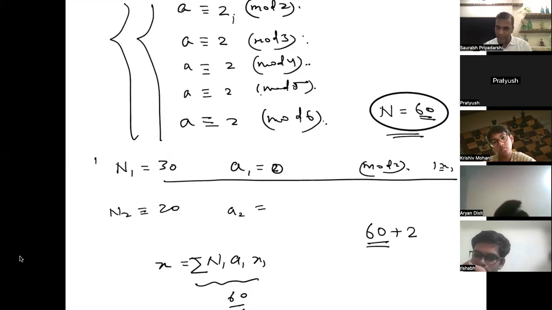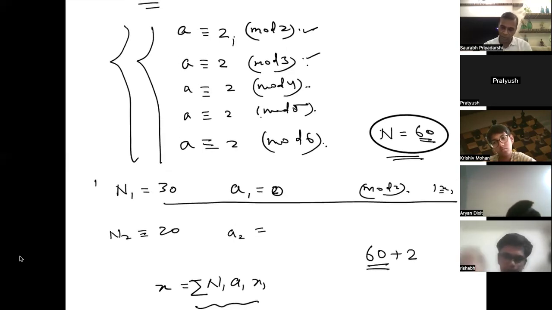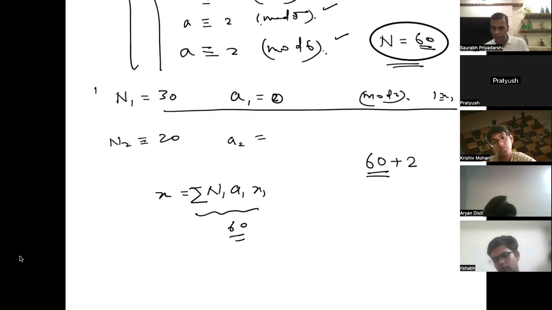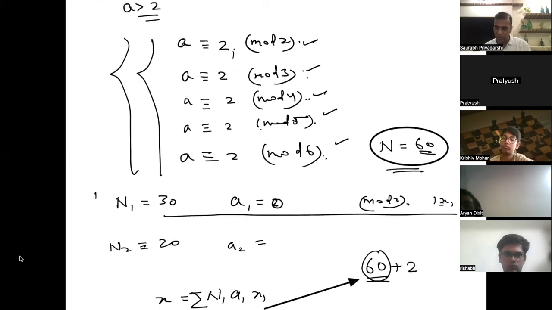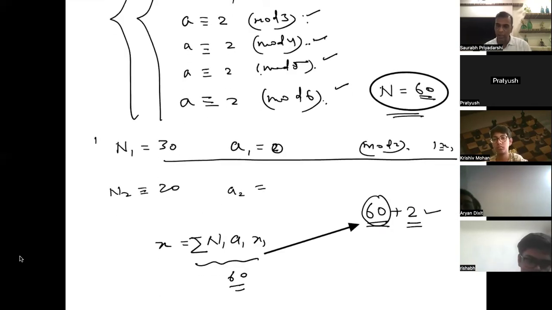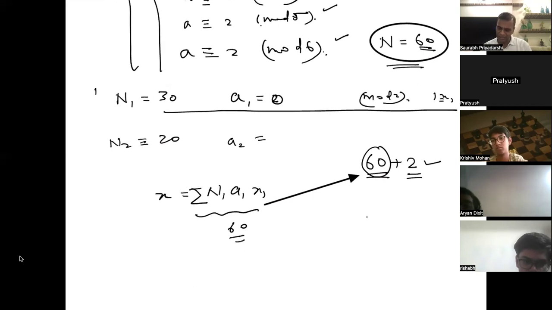So this 60 is already divisible by 2, 3, 4, 5, and 6. This 60 contains each and every number of these. So it is divisible by all the factors, and every time I have to get the remainder 2. So 60 plus 2, that is 62, will be the answer. I hope you all are getting this.